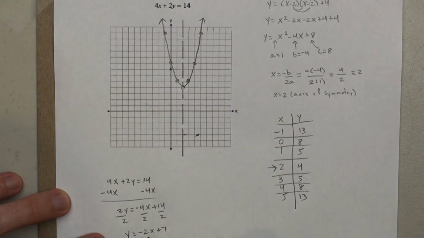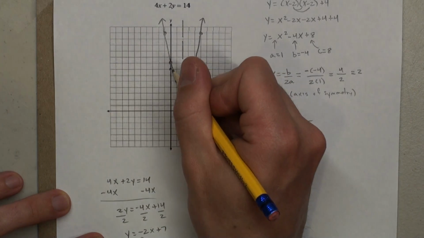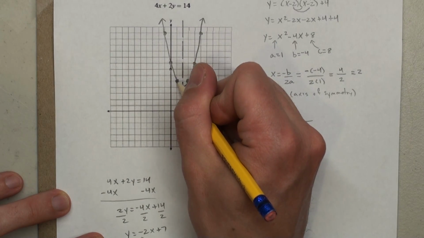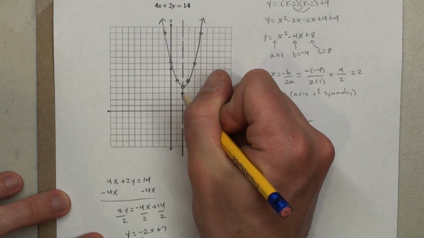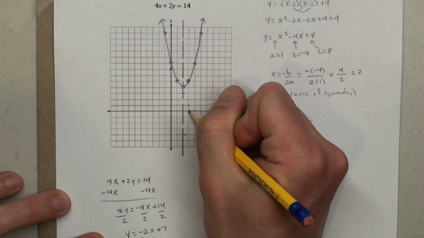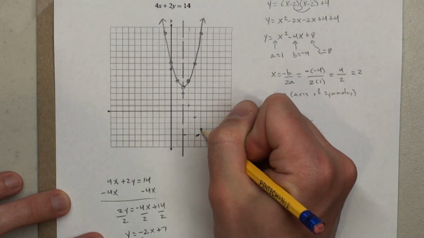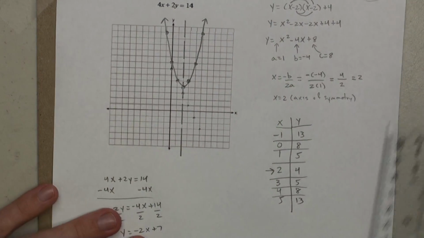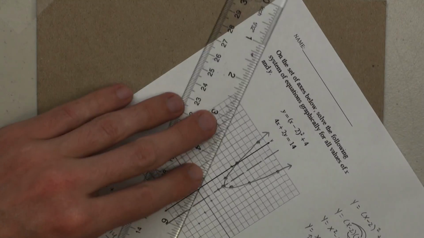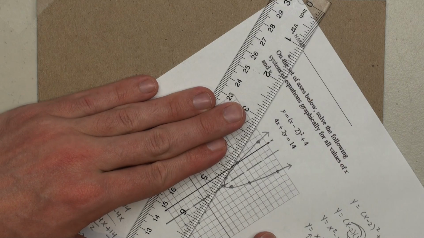And I'm going down 2 and to the right 1, down 2 and to the right 1, down 2 and to the right 1, down 2 to the right 1, down 2 to the right 1. Okay, so it looks like I'm only touching this graph in one place.